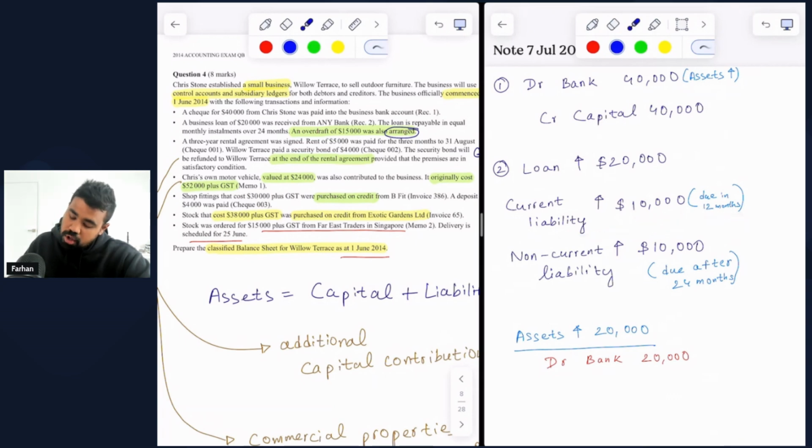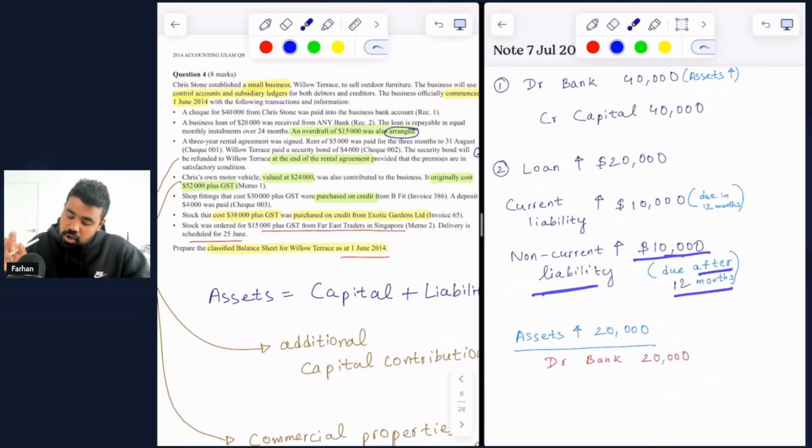Then we know that after 12 months, which is in between month 13 to month 24, we are paying off the other $10,000. So that portion of $10,000 fits the definition of a non-current liability because it's not due within 12 months, but after the 12 months and will be covered in between month 13 and month 24.